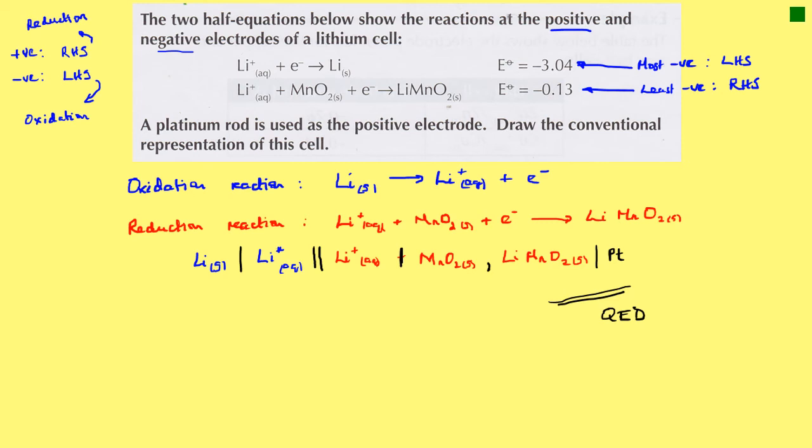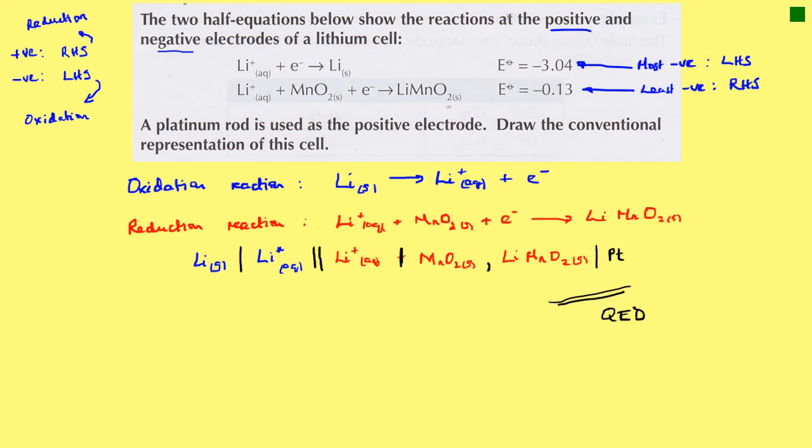The first thing that you'll need to know is that we've been given positive and negative electrodes. The positive electrode is the one on the right of the cell diagram. So in our zinc copper case, that would be the copper one. And the negative electrode is on the left hand side.